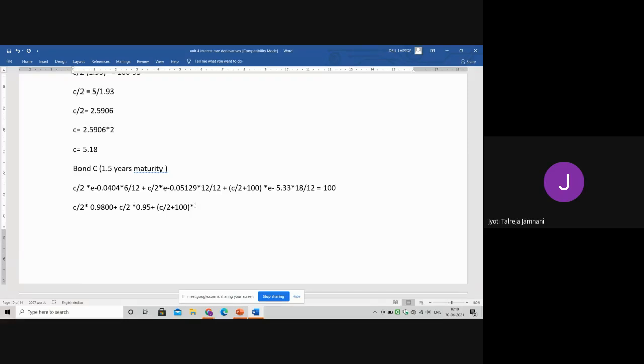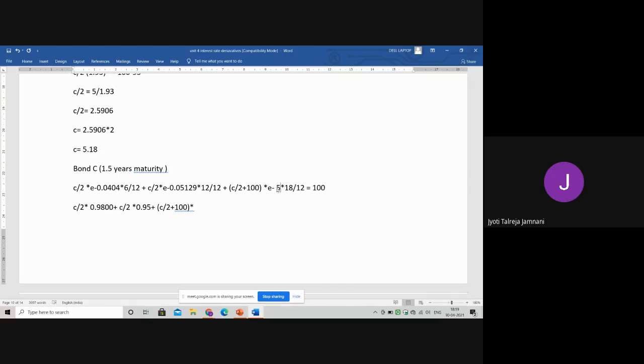You're doing it on the scientific calculator? Yes, ma'am. So it should be 0.000337. Just one second, I'll check it. One mistake I did and everybody is taking it like that only. It's not 5.33, right? We have to convert it into decimals.